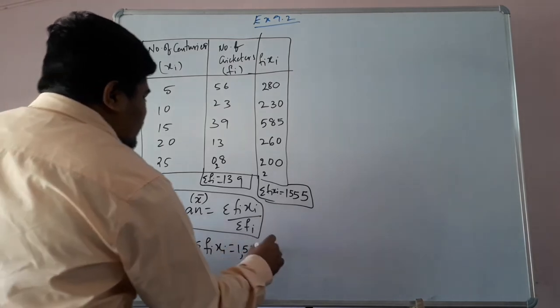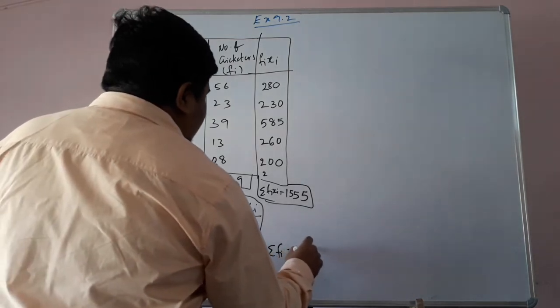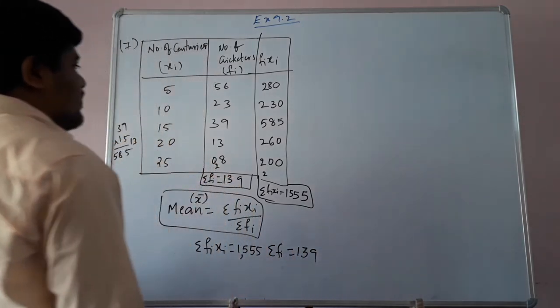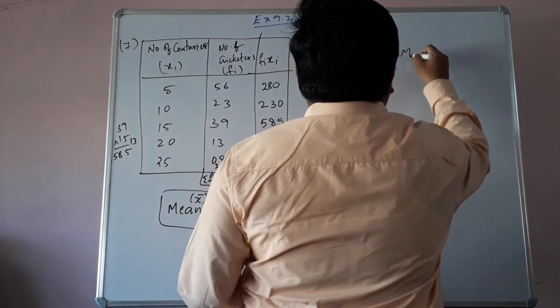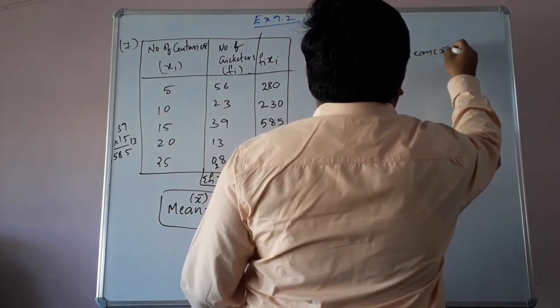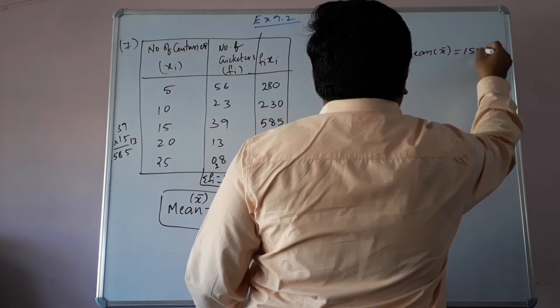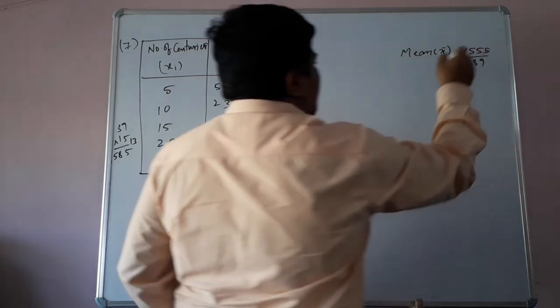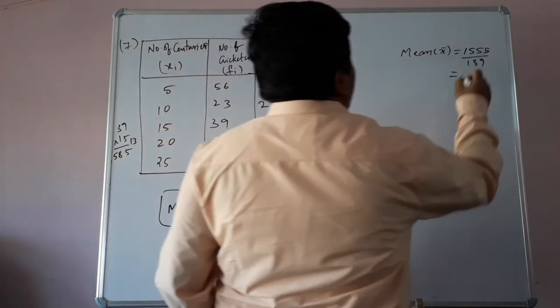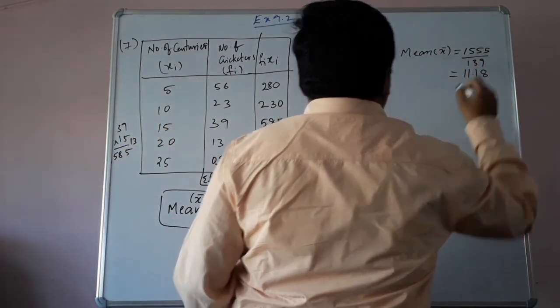Sigma fi xi is 1555, sigma fi is 139. Substituting, mean is 1555 by 139. If you divide the numerator by the denominator, we get 11.18 as the mean.